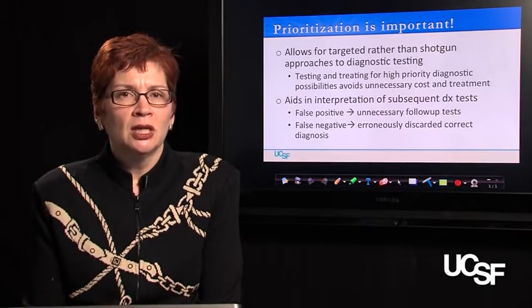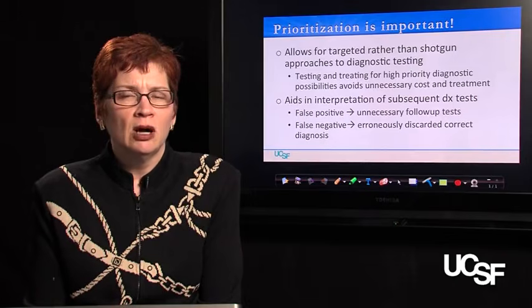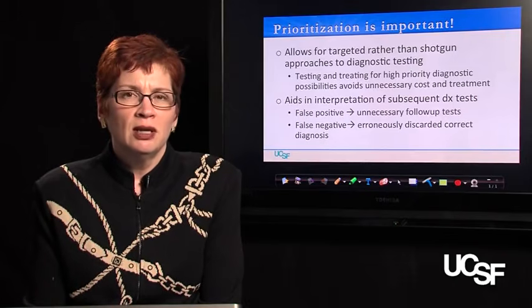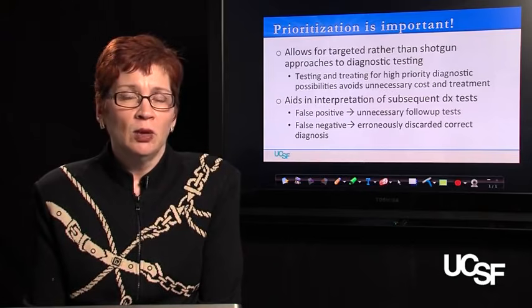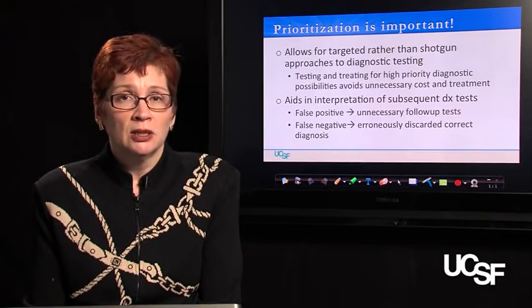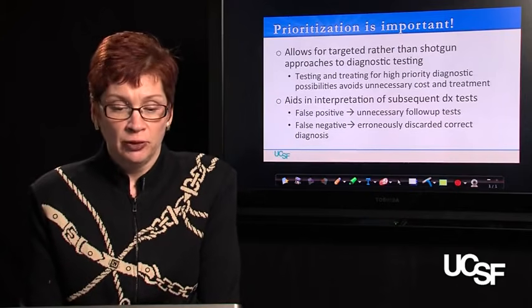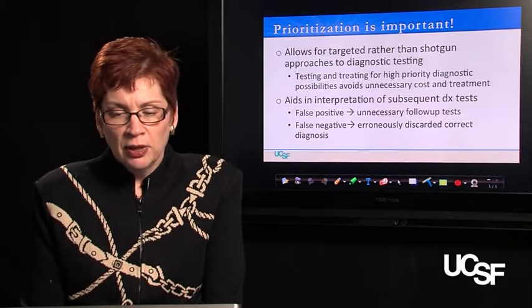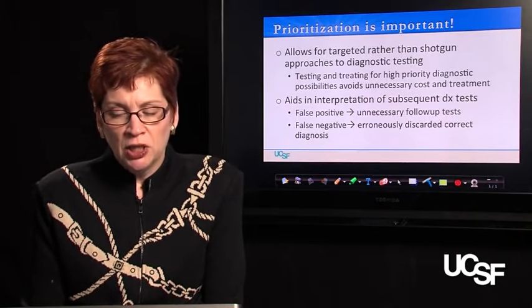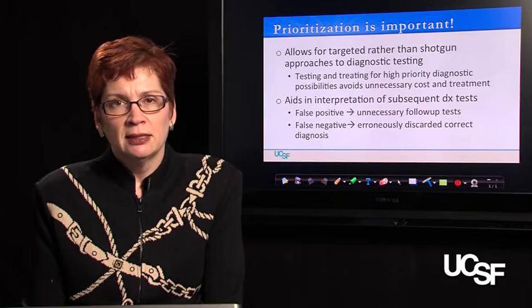You want to put your attention on the diseases that are most likely to be causing the patient's problem so that you don't have to run up a large lab bill and waste a lot of time and energy on the part of the patient or the physician in terms of looking at tests that were not really helpful.